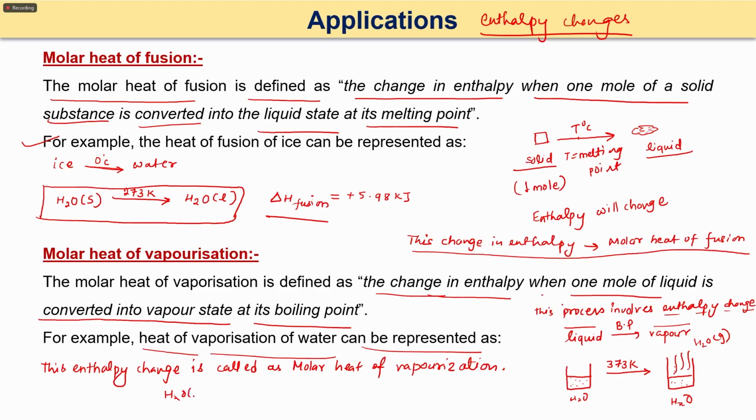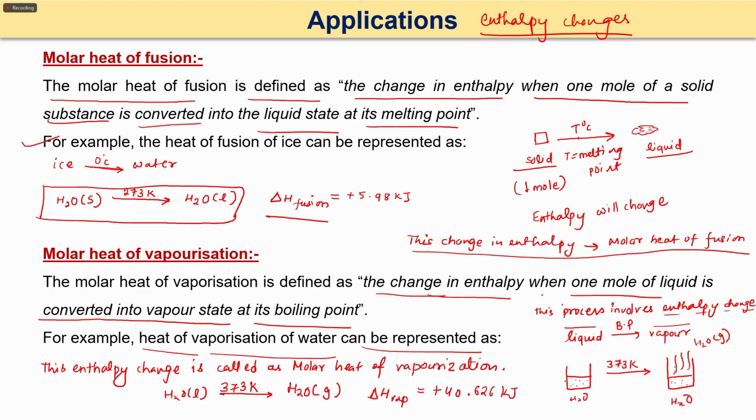Water in liquid state, at 100 degrees Celsius, that is 373 Kelvin, is converted to gas, its vapor state. This is called the molar heat of vaporization, written as delta H vap, and its value is plus 40.626 kJ.